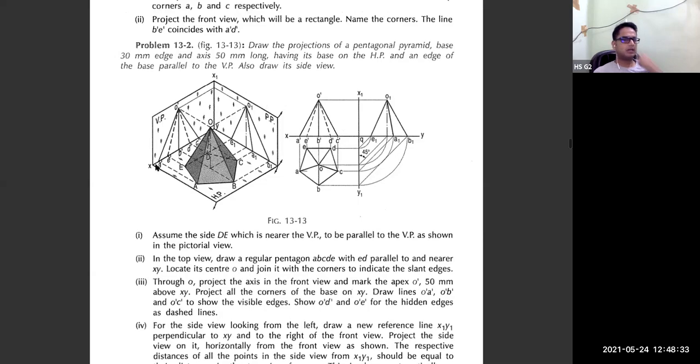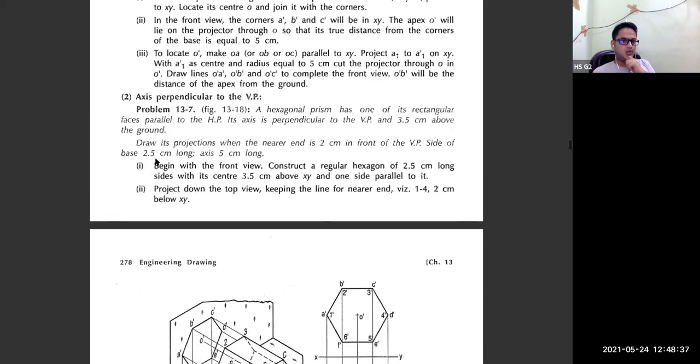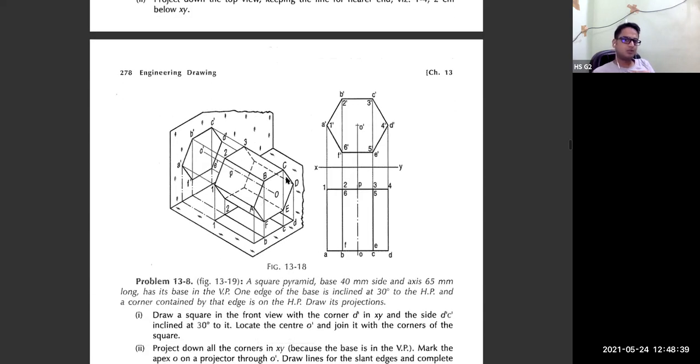Okay, this is your vertical plane. Now here in this question you can see this is your prism, a hexagonal prism, and it is resting on your vertical plane, not on your horizontal plane. So its projection in front view will be like this, a hexagon. Okay, and its top view will be like this.